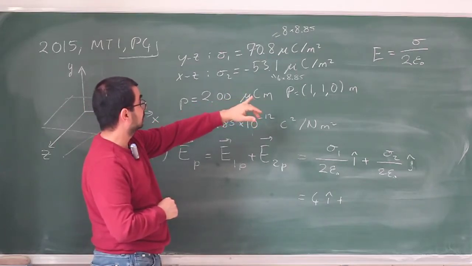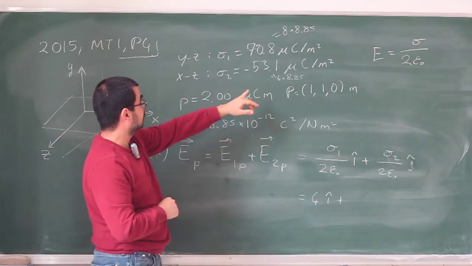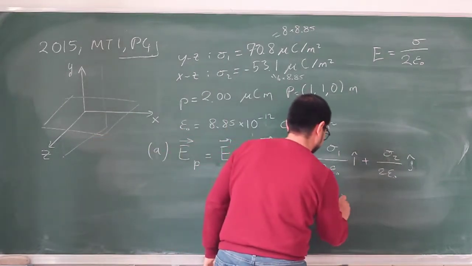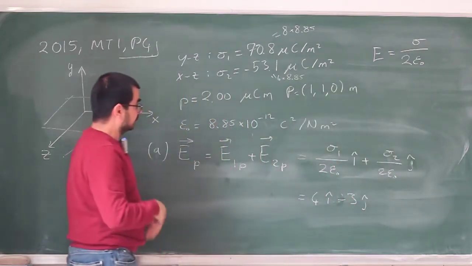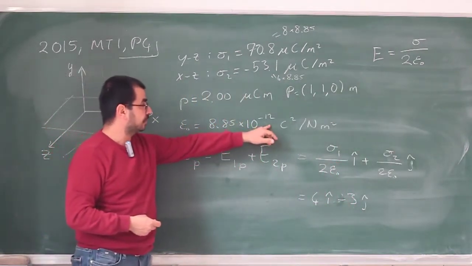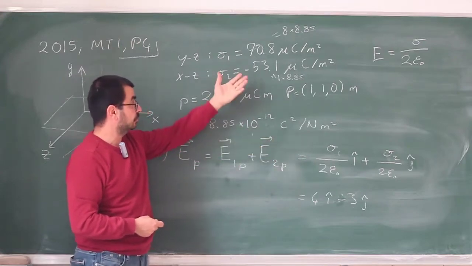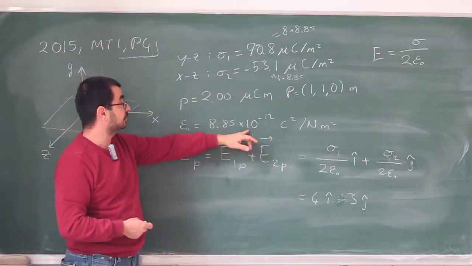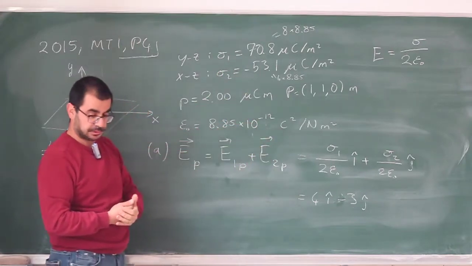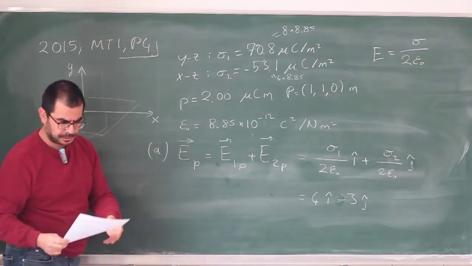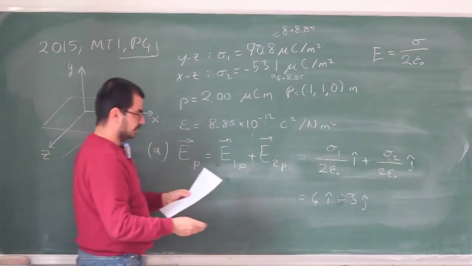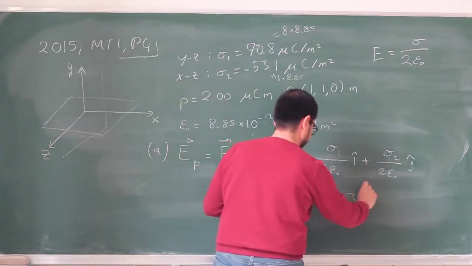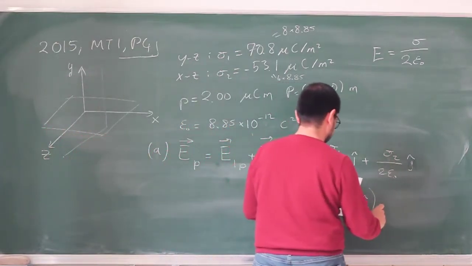You just get the 6, divided by 2, and then it's a negative sign, so it's minus 3 j hat. But there's something additional. There's a 10 to the 12 coming from here. It's in the denominator, so moving to the numerator, it becomes 10 to the 12. And we also have to write the units. Actually, I can look this up. Yes, so the units are Newtons per coulomb, and it's 10 to the 6 Newtons per coulomb.